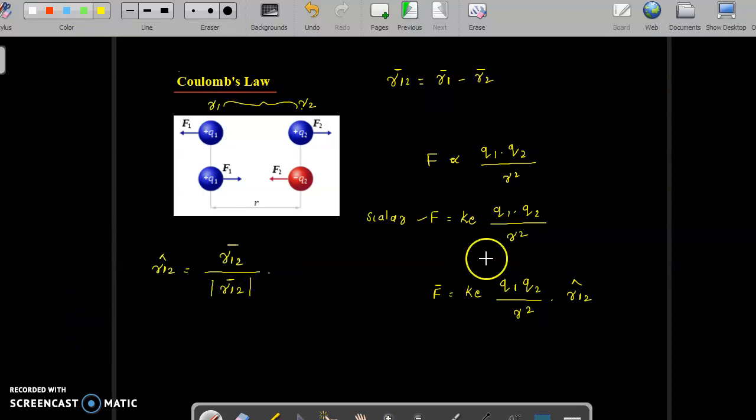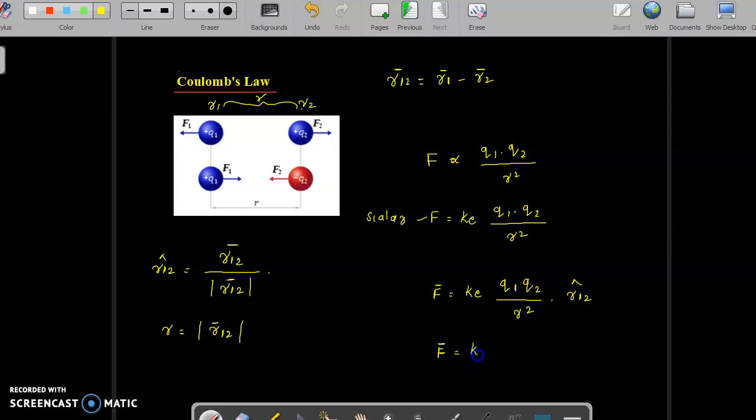Now if you look at this R, it is also the same as R12, so R can be written as modulus of R12.